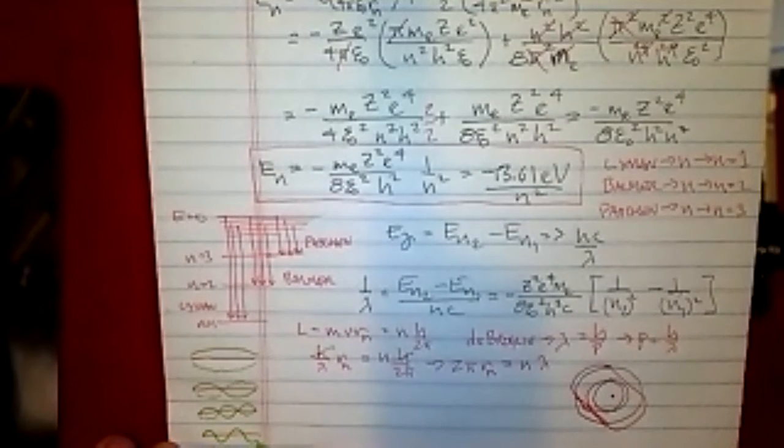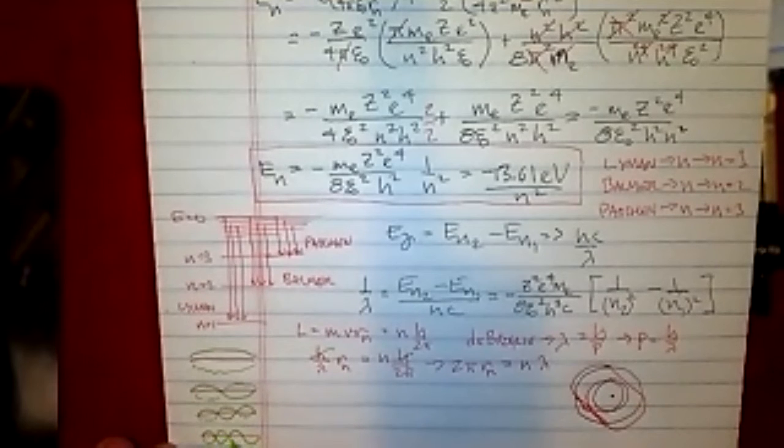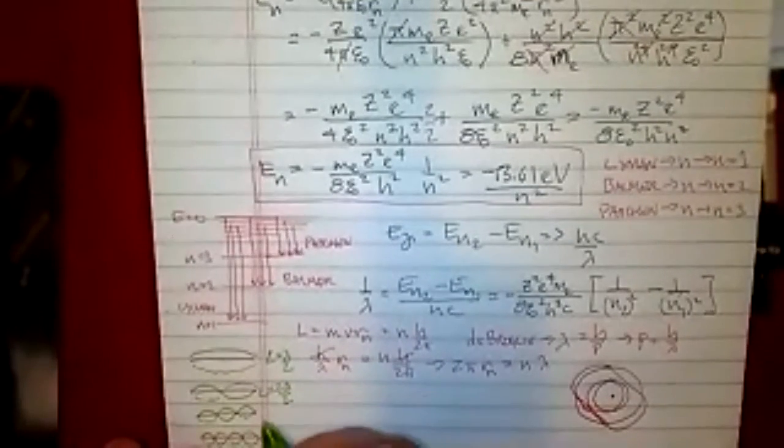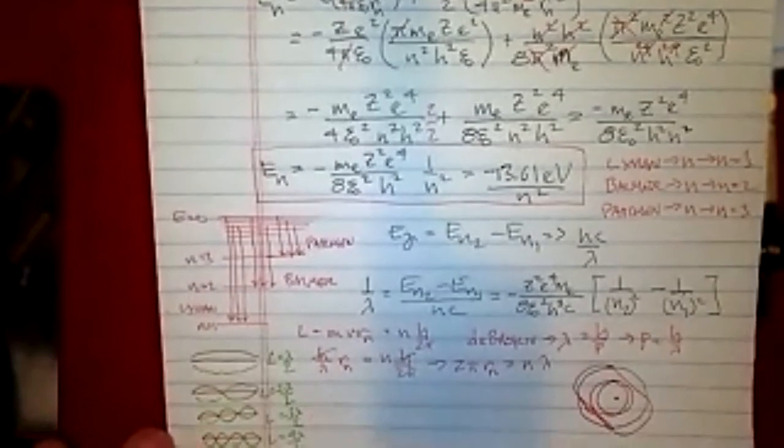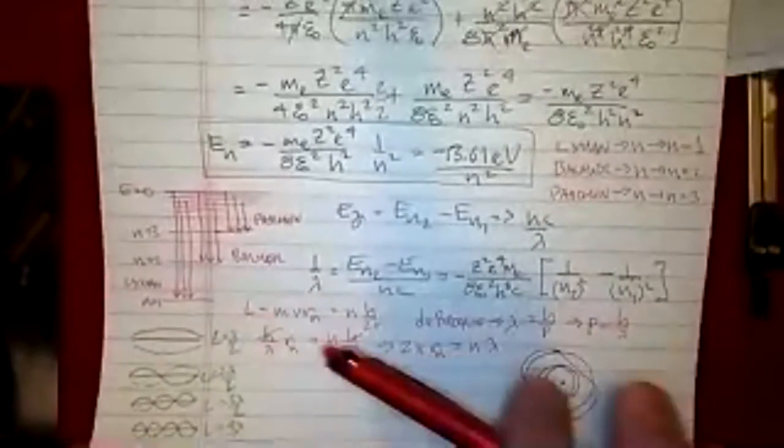In these cases, it's kind of different in that the length of the string is L equals lambda over 2, L equals 2 lambda over 2, L equals 3 lambda over 2, L equals 4 lambda over 2. In our case, it's always just 2 pi r is equal to lambda, 2 lambda, 3 lambda, and so on and so forth. So that's the explanation of why the angular momentum did work: maybe they're actually acting like standing waves.